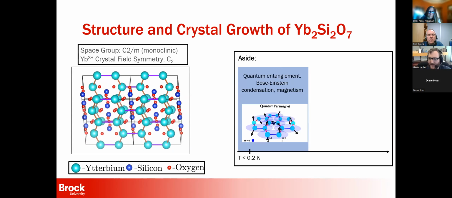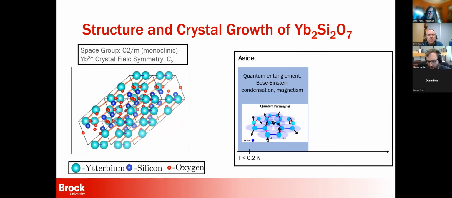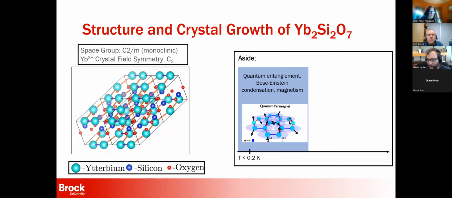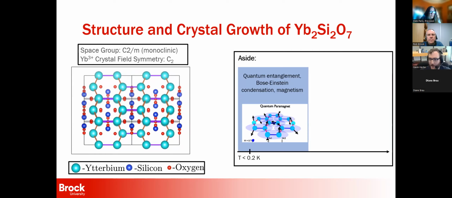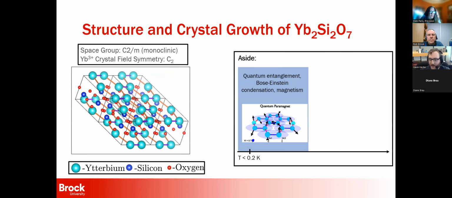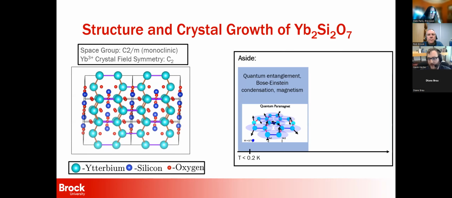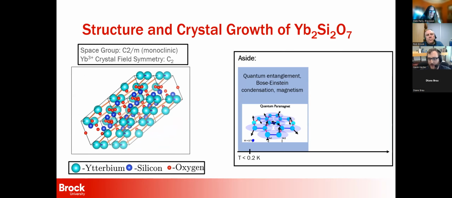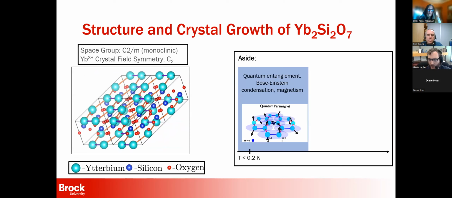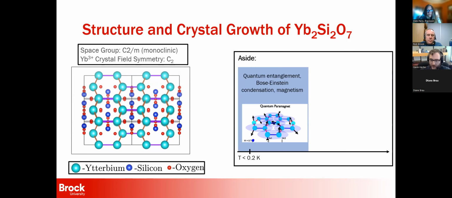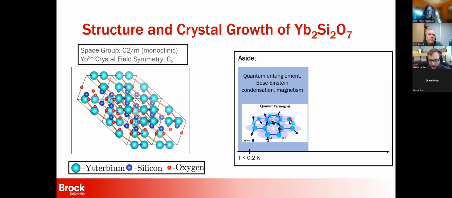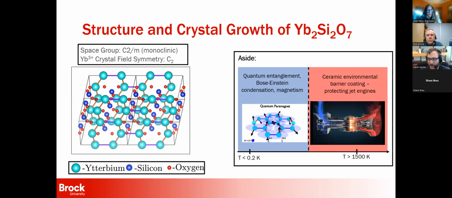But there's always a slight aside I like to make here because it's one of the coolest scientific things. What I'll be talking about today in ytterbium silicate all occurs at temperatures below about 200 millikelvin. Here you get quantum entanglement, Bose-Einstein condensation, and magnetism. But as we were working on this project in my PhD, we found this system was already very famous.